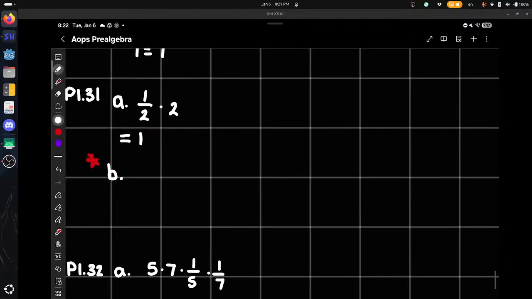But let's go back to problem 31. Using part A, explain why the reciprocal of 1/2 is 2. I really think that they're asking for something like this. Like 1 over 1/2. And somehow that equals 2.